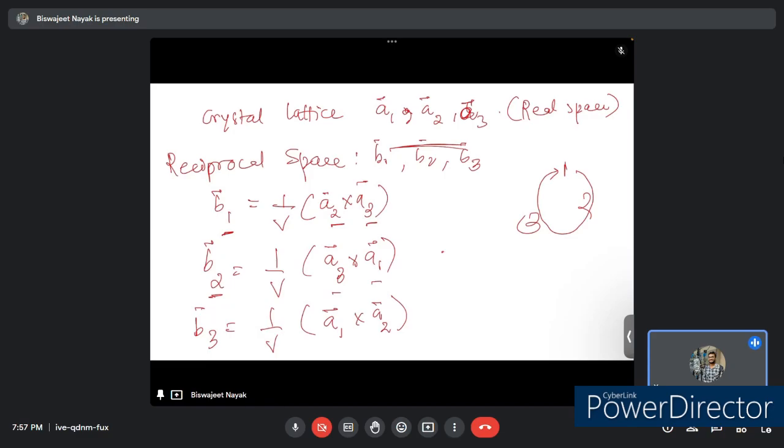What other important parameters do we need to know? We usually define planes as HKL planes.